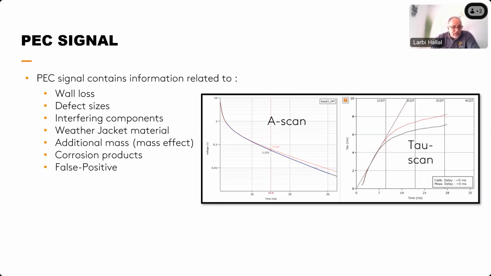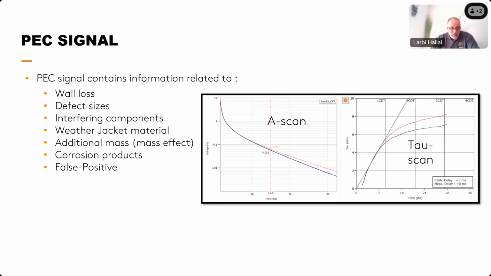If you are inspecting insulated pipe, it's important to look at the Tau-Scan to make the difference between the different types of weather jacket. If your weather jacket is made of aluminum, stainless steel or galvanized steel, the view on the Tau-Scan will be different, and that can help catch some issues you can have on your component definition.